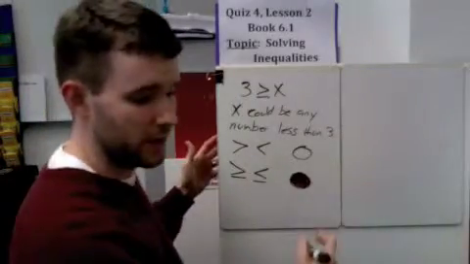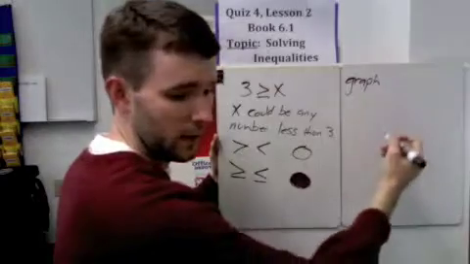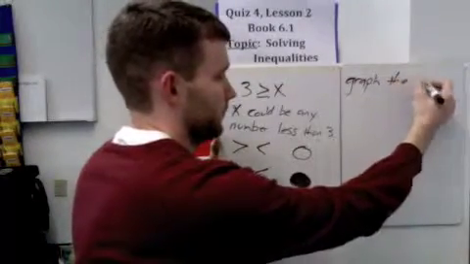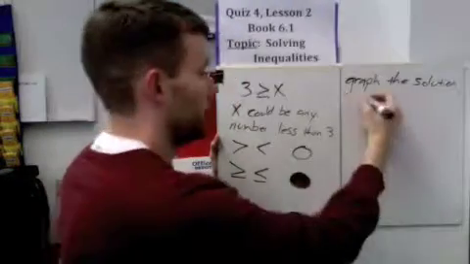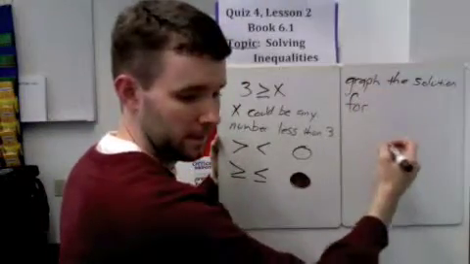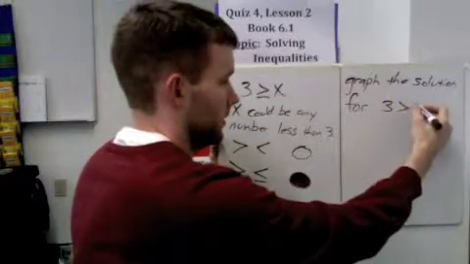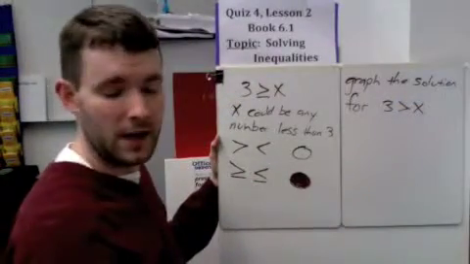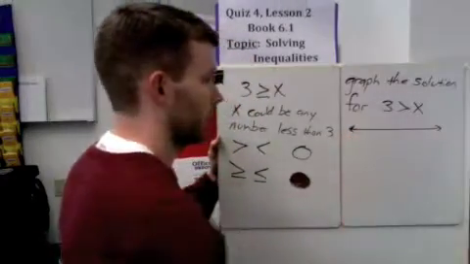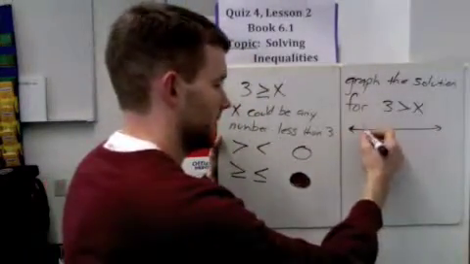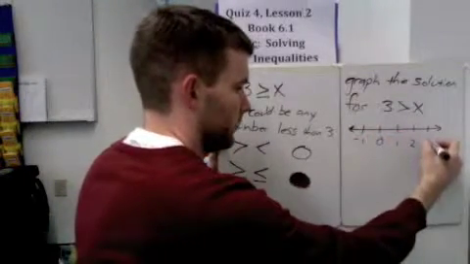An example of this would be to say, graph the solution for x less than 3. What we would do is draw a number line. We might say, here's -1, 0, 1, 2, 3.